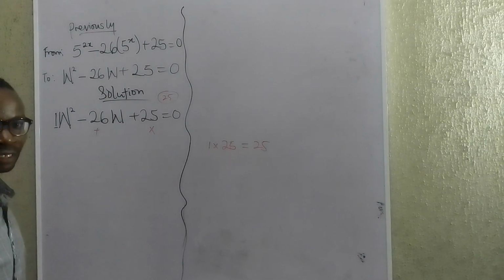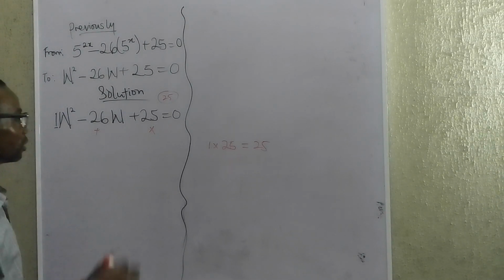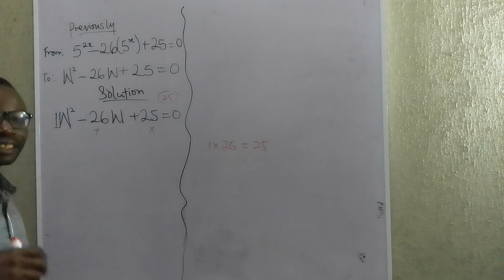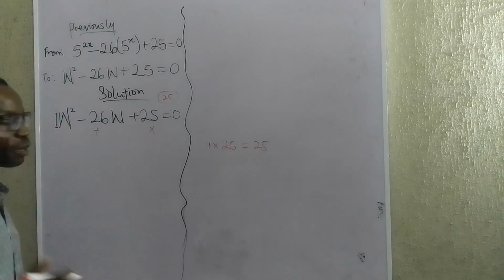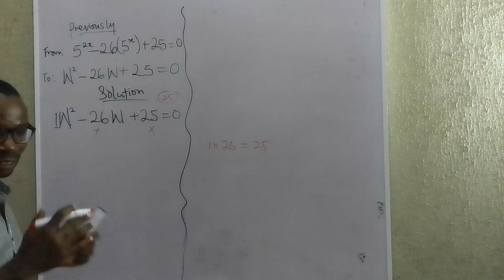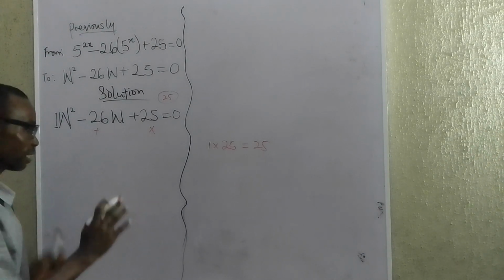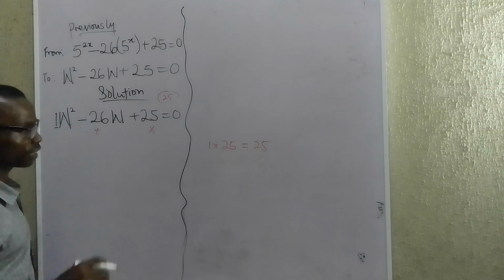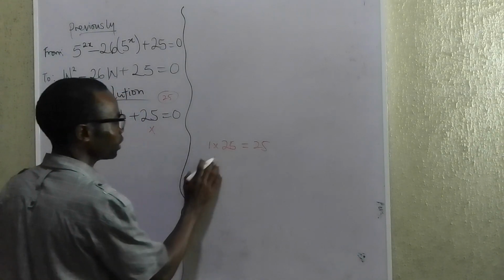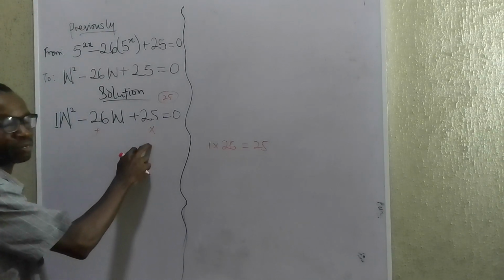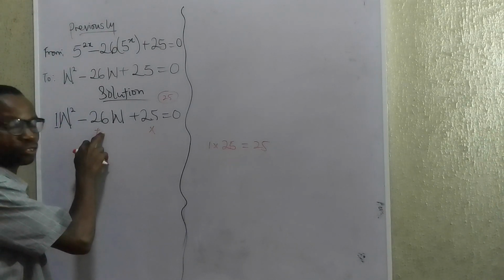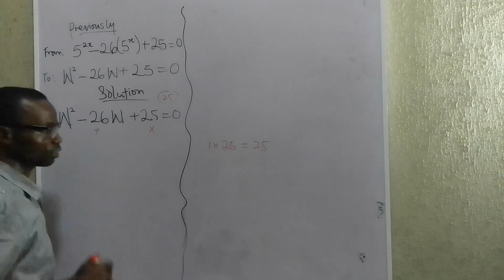What 2 numbers would I multiply to give 25, and when I add? Now when we talk about add, it could be minus or plus, add will give me 26. Now let's go. I want to advise you to start from the multiplication of 25 and then look at the values that will give this.